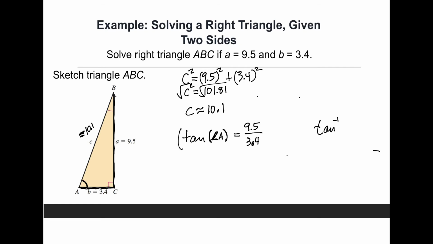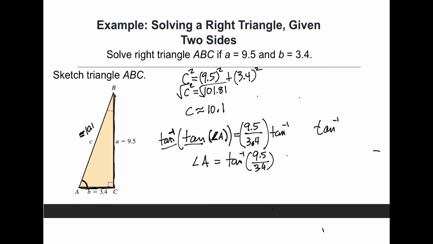So if I, on both sides, take the inverse tan, the -1 is not something we move to a denominator or anything like that. It's simply a symbol for the inverse. The tan and its inverse undo each other. And so that actually leaves me with angle A. And I have angle A being equal to the tangent inverse of 9.5 over 3.4. So if I do that on my calculator, second tangent, I'm taking the inverse tan of 9.5 over 3.4.